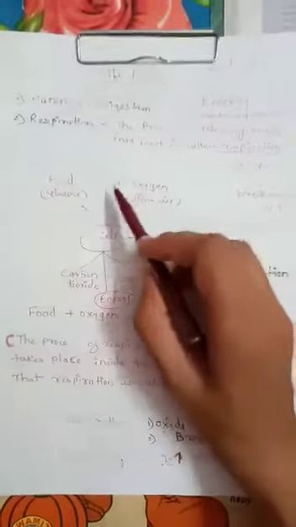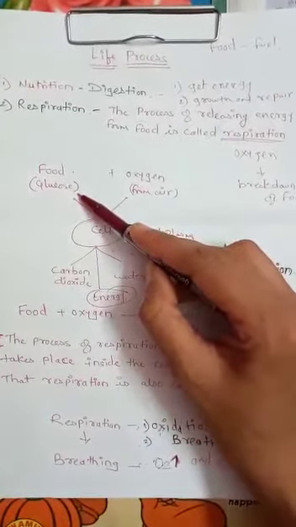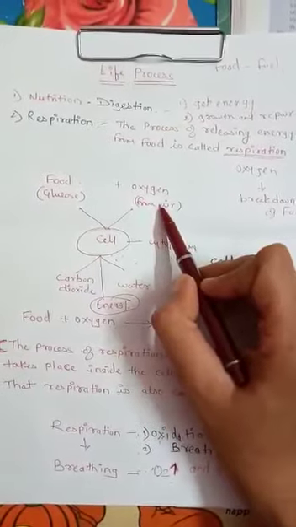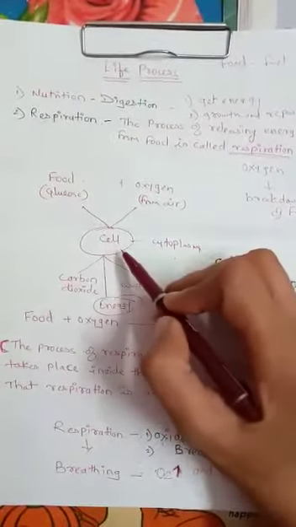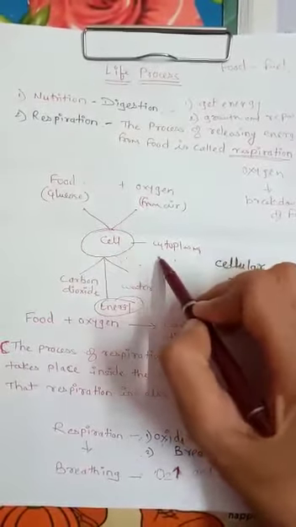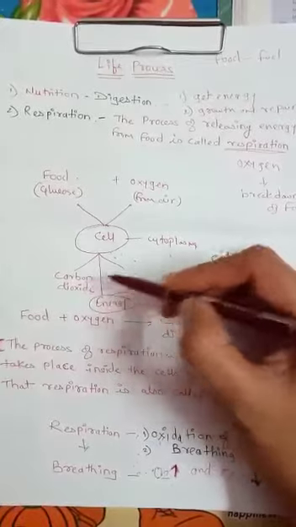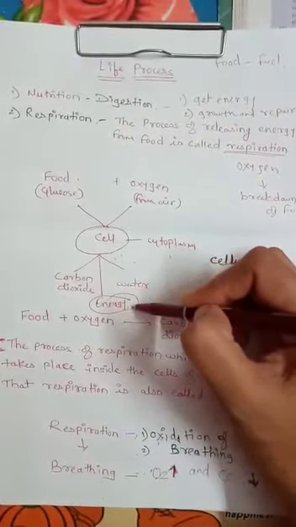Now see, food which we have taken in the form of glucose reacts with oxygen, and oxygen does the process of oxidation. All these processes are carried out in the cell, especially the cytoplasm of the cell, and we get the waste products, carbon dioxide and water, and most importantly we get the energy.